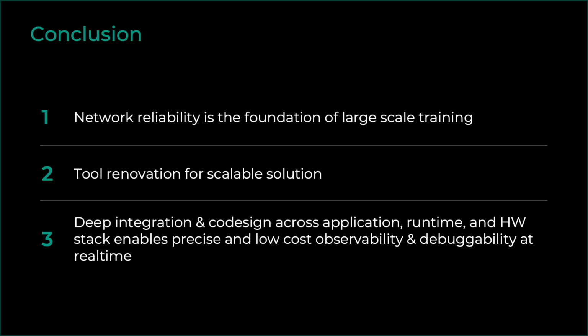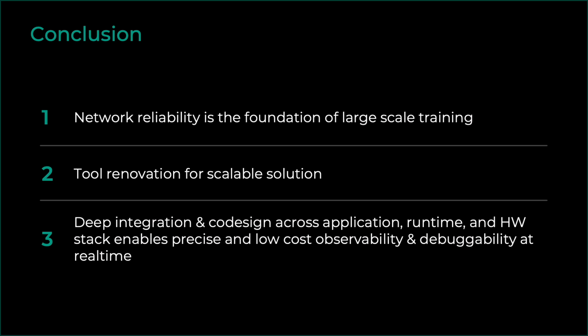Secondly, tool innovation for scalable solutions is important. As our models and clusters continue to grow in size and complexity, it becomes increasingly important to develop innovative tools that can keep up with this scale. We have observed that independent network metrics that track and maintain the health of our networks are necessary, but they're not sufficient to debug large-scale performance issues.